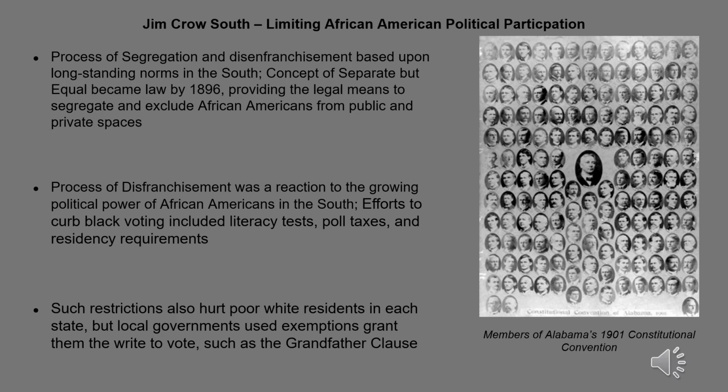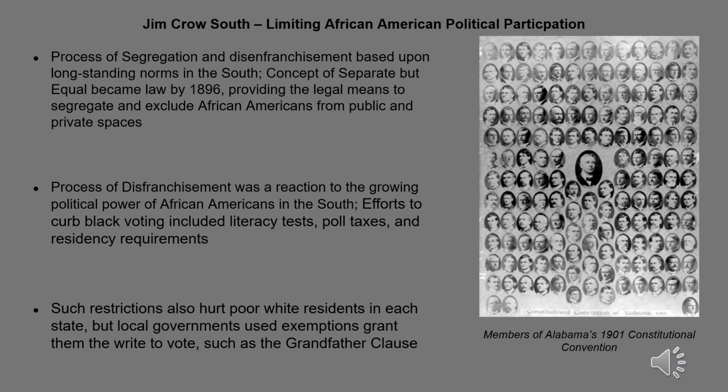You've heard of the grandfather clause before. The grandfather clause was basically a rule that said if your grandfather had been able to vote before 1867, then you too could vote now. Now, before 1867, most people who could vote in the South were white. So right there, the grandfather clause only applies really to white Southerners.